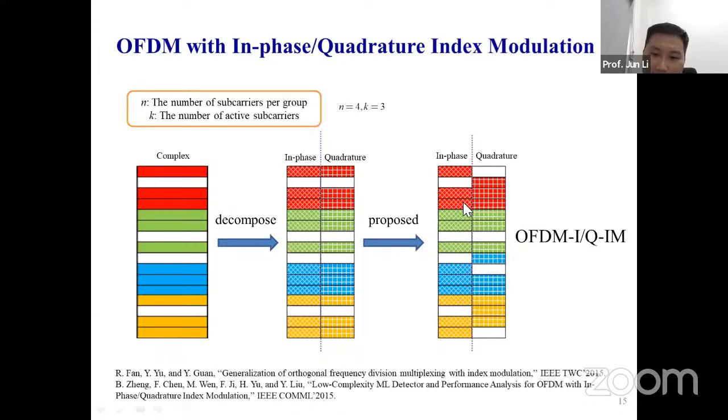It is the same transmitted signal, but with 2 times the subcarrier selection. So of course, the OFDM-IQ-IM will have a better spectral efficiency than the conventional OFDM-IM.